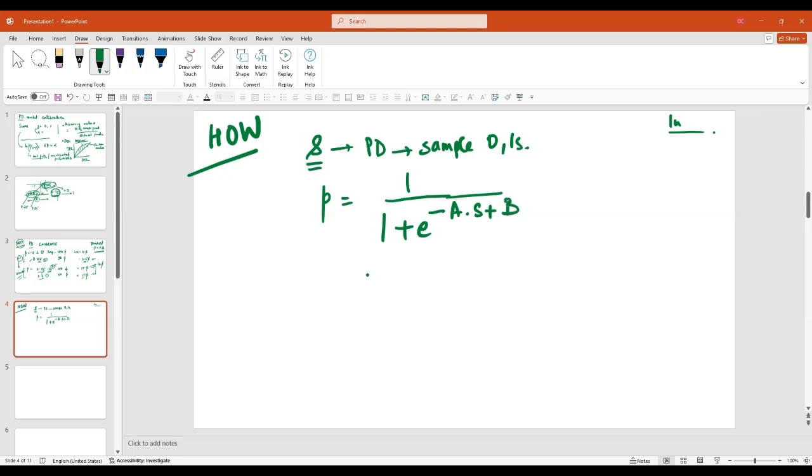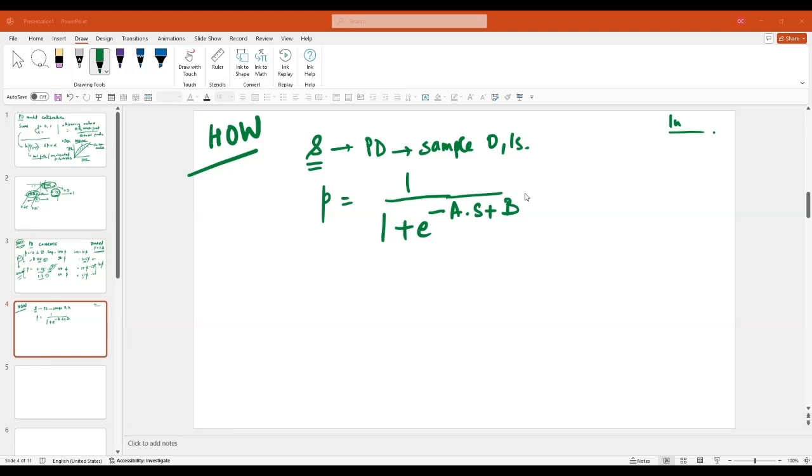Then what you try to do is estimate the a's and the b's such that your error in terms of predicted PD is minimized. So that is generally the concept that is used for calibrating the model.